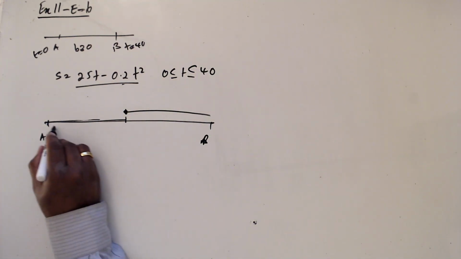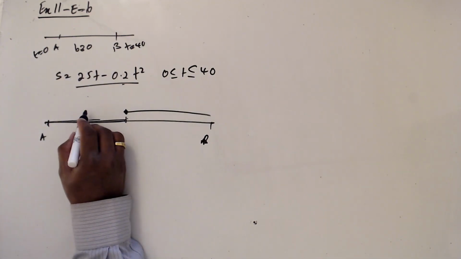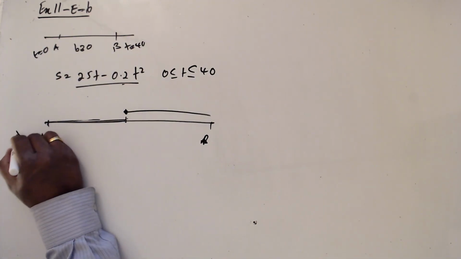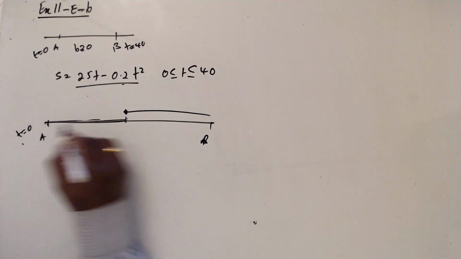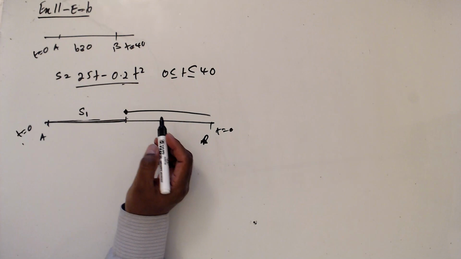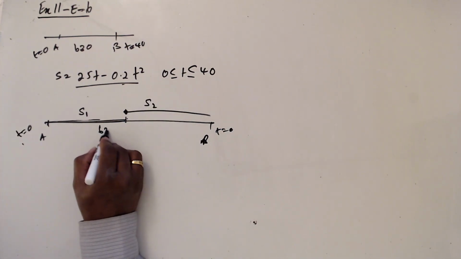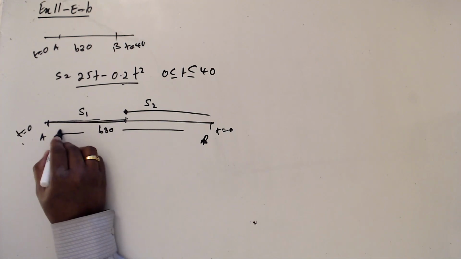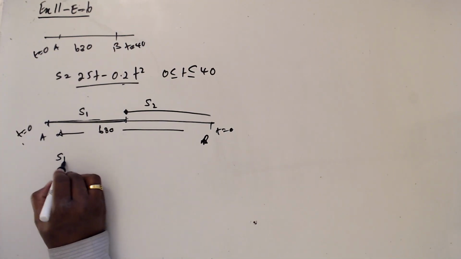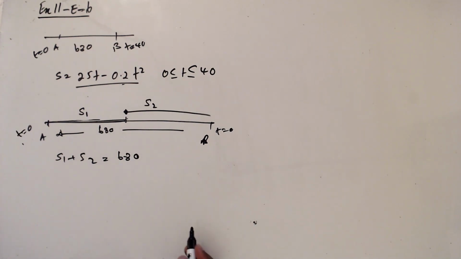So then assume that they are flying. When they are meeting, they travel for the same time, because at t equals 0 the train starts, and at t equals 0 the bird starts. So this distance, let's say s1, and this distance s2. So this is 680. So the addition of both is 680.